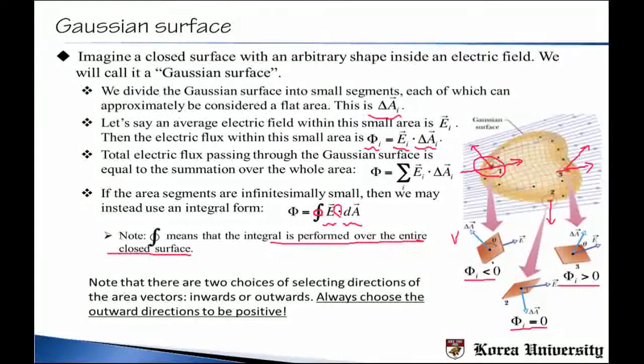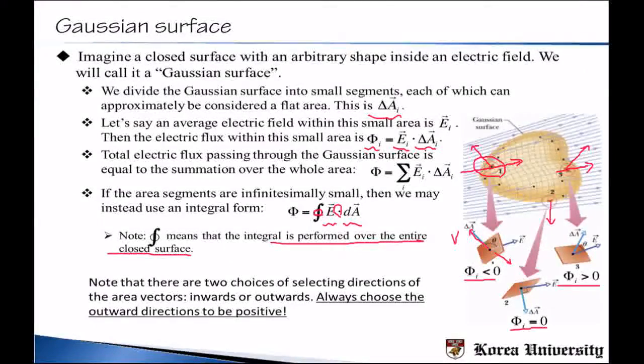And as a final remark, some smart students may be asking, why do we have to choose the area vector this way? Instead of choosing the area vector going this way, why don't we choose the vector to be pointing exactly the opposite direction? Well, the answer is that it is okay to do so, but one thing you do not want to do is changing between these two possible choices throughout the semester.